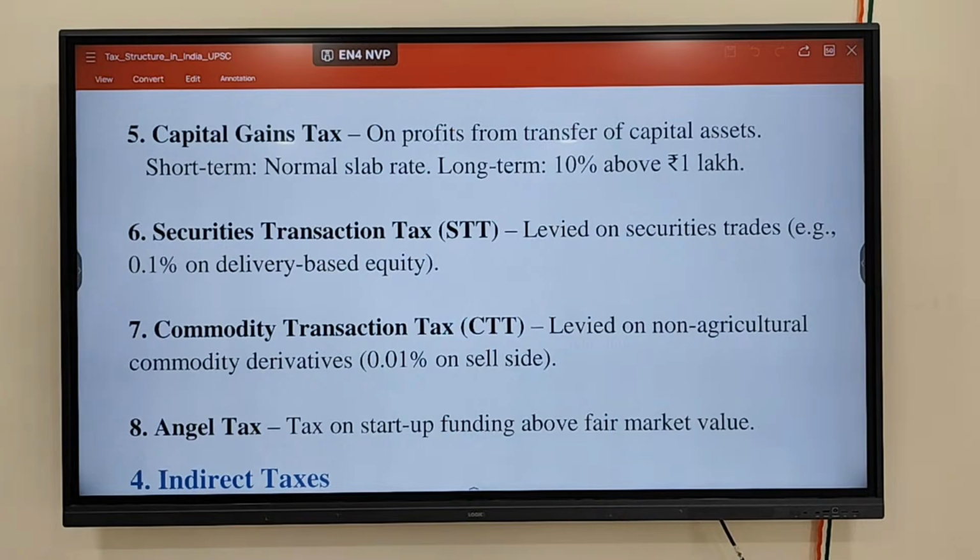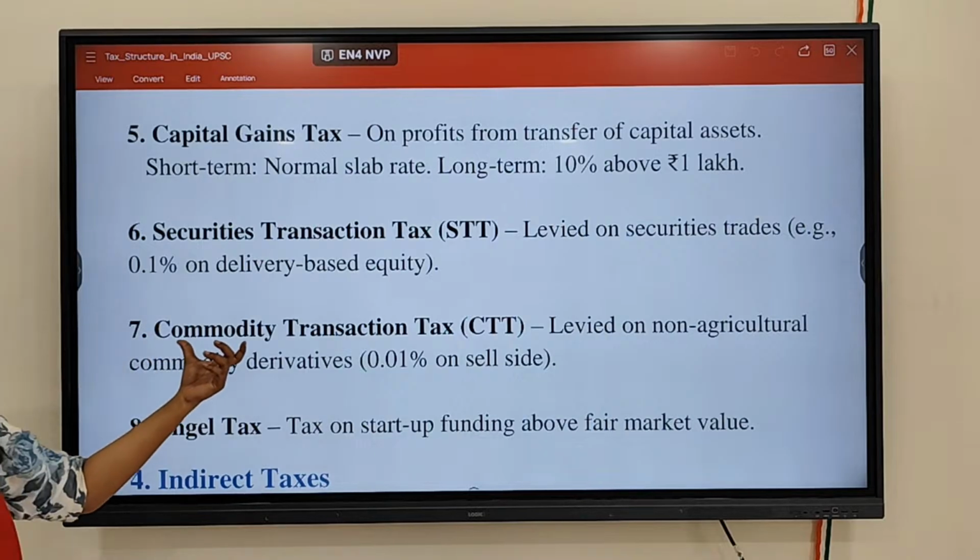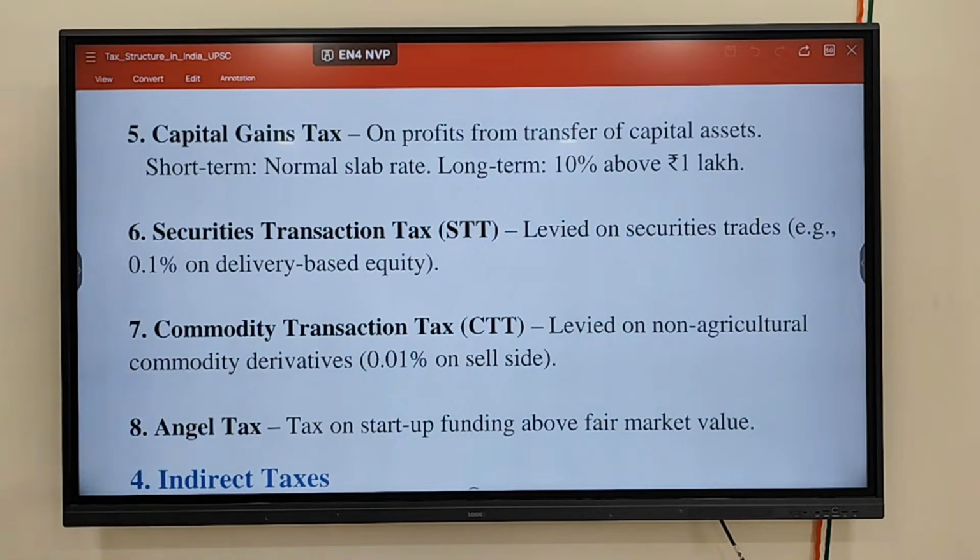Which is the world's largest commodity exchange? Can you just Google that? It is the name of a company.